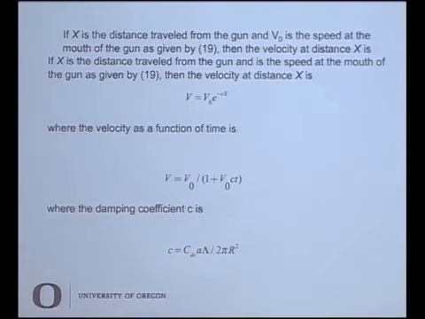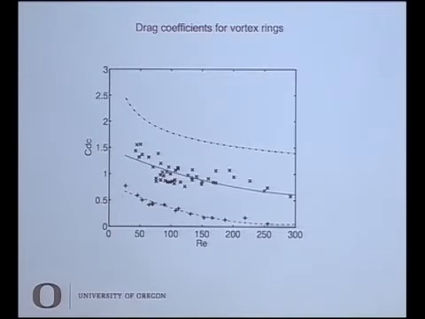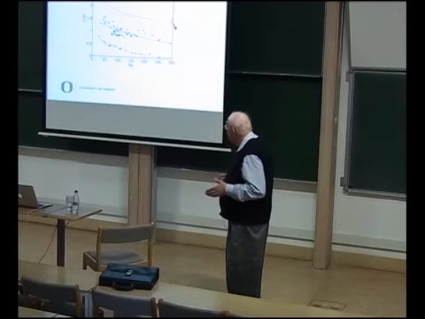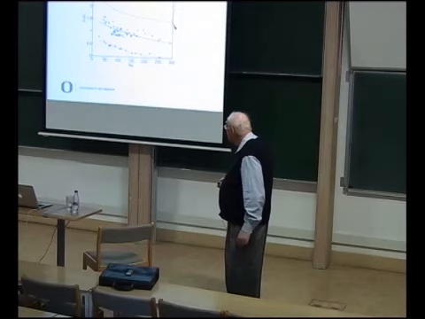So here is the velocities decay exponentially with distance, and I call that the Maxworthy law, because it was first published by Tony Maxworthy many years ago, and I think he was absolutely correct. This is the way the velocity changes as a function of time, and this is what the damping coefficient is.